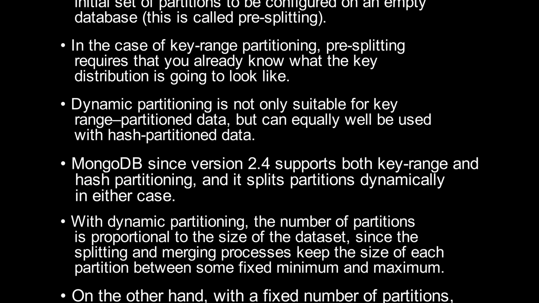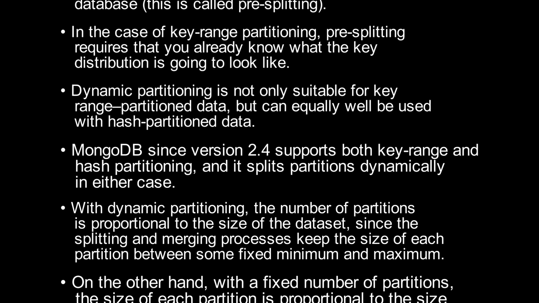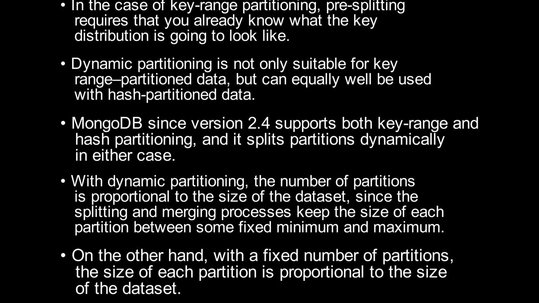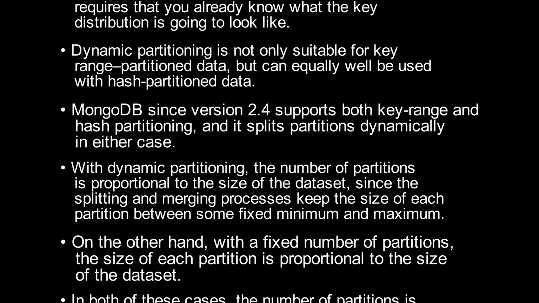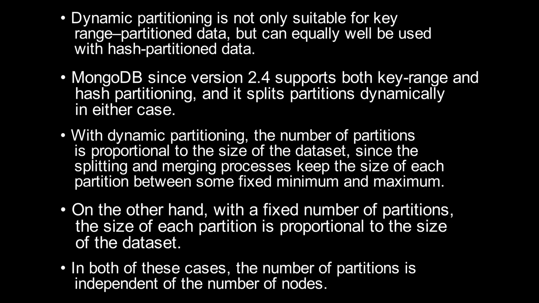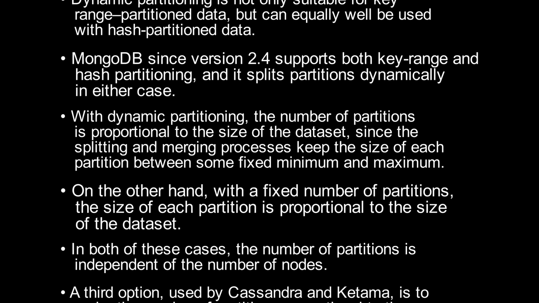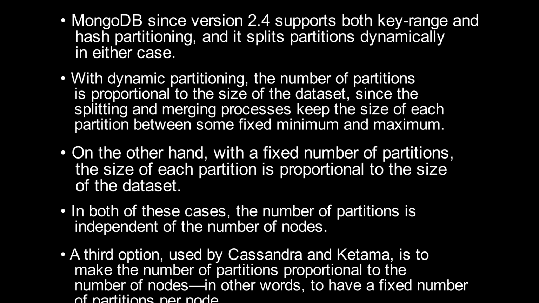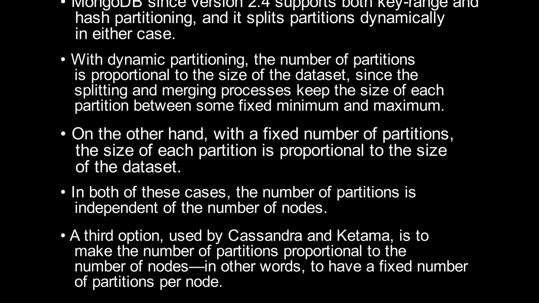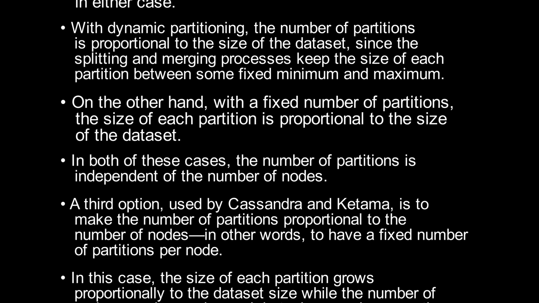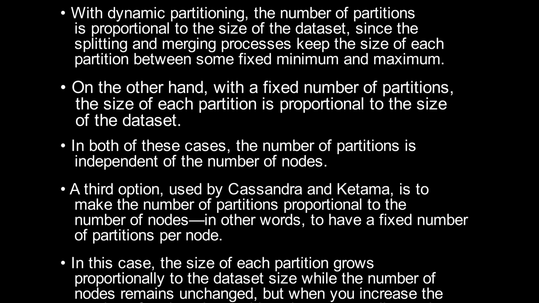With dynamic partitioning, the number of partitions is proportional to the size of the dataset, since the splitting and merging processes keep the size of each partition between some fixed minimum and maximum. On the other hand, with a fixed number of partitions, the size of each partition is proportional to the size of the dataset. In both of these cases, the number of partitions is independent of the number of nodes. A third option, used by Cassandra and Ketama, is to make the number of partitions proportional to the number of nodes.